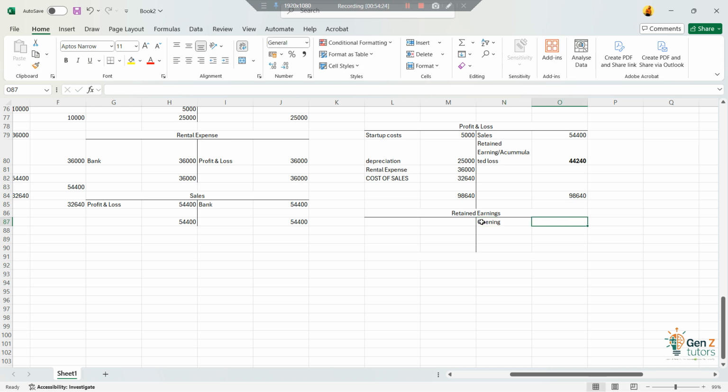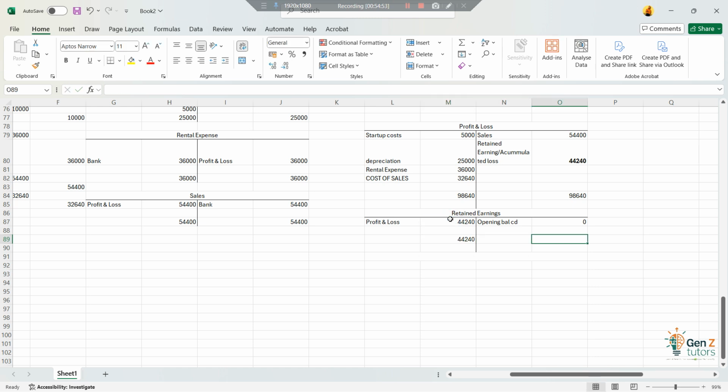Now we go to our retained earnings account. We had retained earnings over here. Then on the retained earnings that we have, what else do we do?